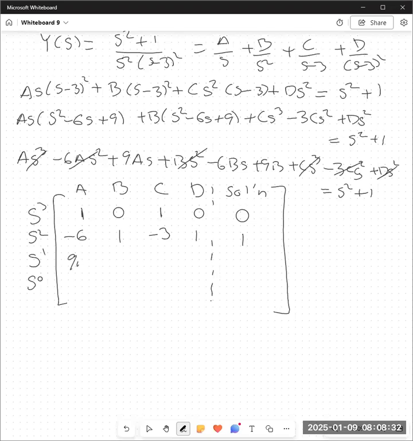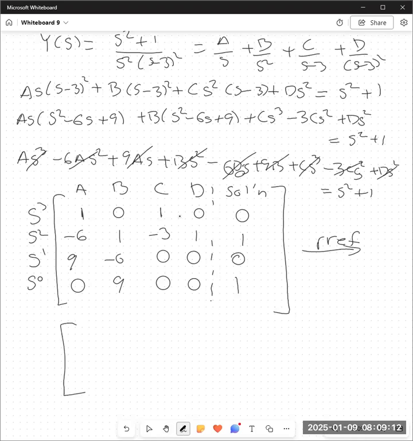We have 9a, and we have negative 6b, and we have no c's, no d's, and no s's on the right-hand side. And we have 9b, and the constants 0, 0, 1. And we're going to RREF that.